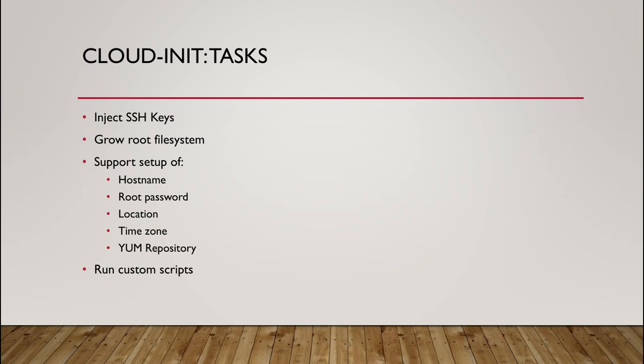It can perform various tasks like injecting an SSH key, as I was explaining earlier. Then it can grow your root file system. Maybe your template image has only 5 GB of space in the root file system, but you want 100 GB; in that situation it can grow that root file system.